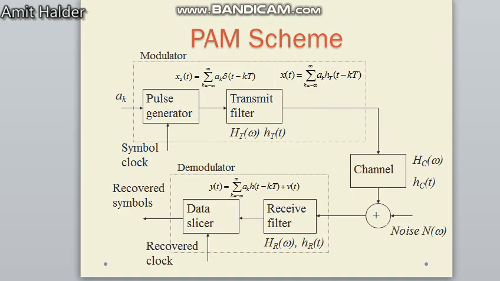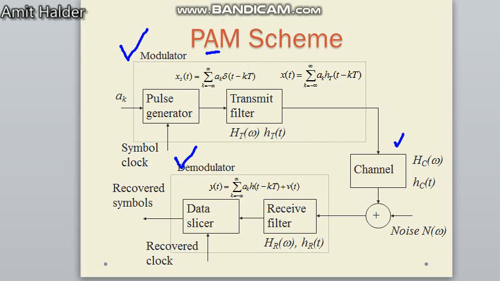That's the PAM scheme. What might the PAM scheme be? As we know, in the PAM scheme, it depends on the amplitude. So there may be a modulator, a demodulator, and a channel. It's a very basic type of system, a block diagram that we can see here.